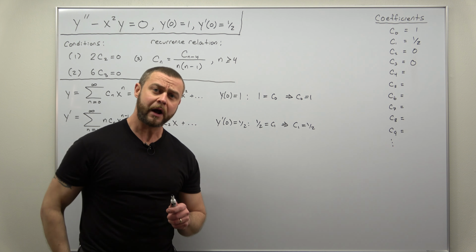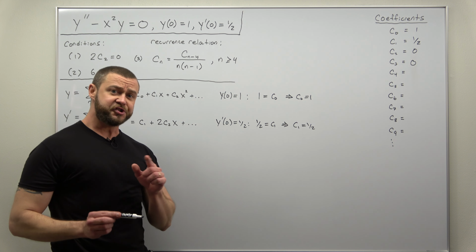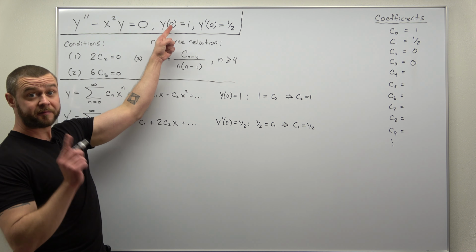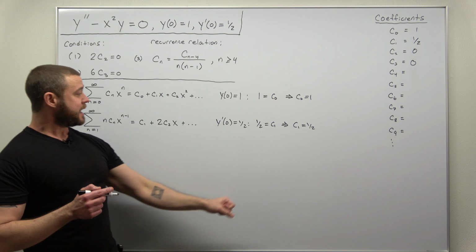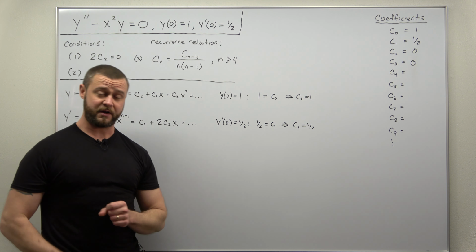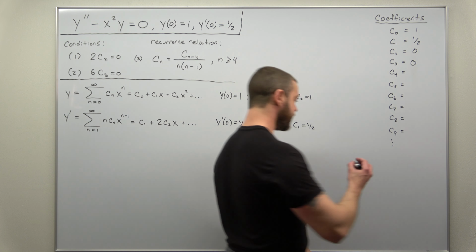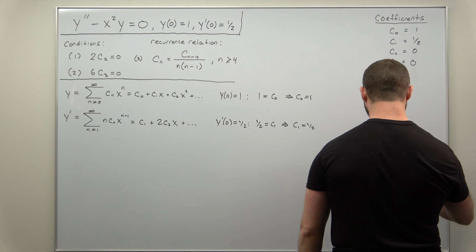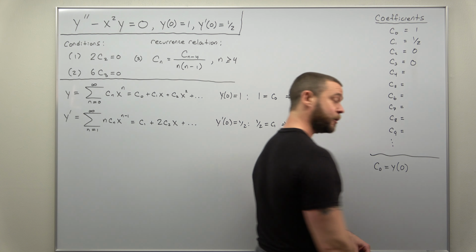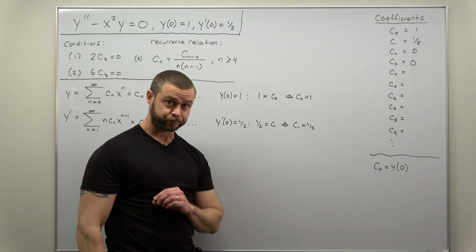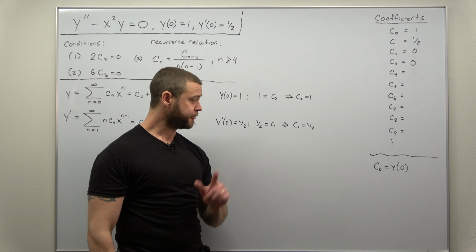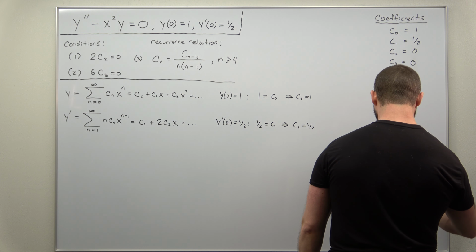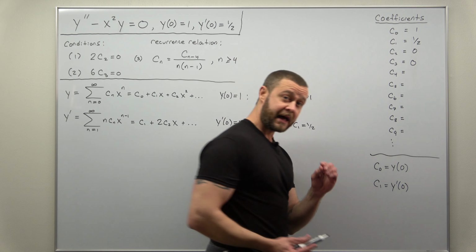And this is a good time to probably mention something that happens in general. It's not a coincidence that c sub 0 equals your function initial condition and c sub 1 equals your derivative initial condition. That's true in general, that c sub 0 equals y of 0, your function value at 0, and c sub 1 equals your derivative at 0.